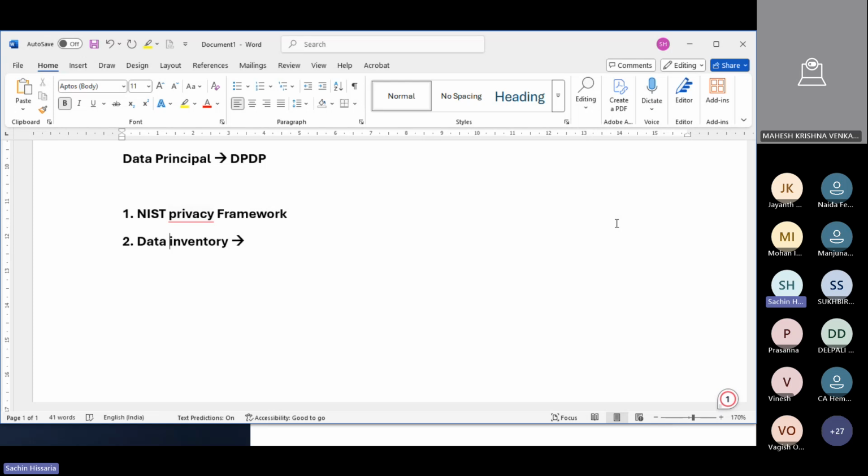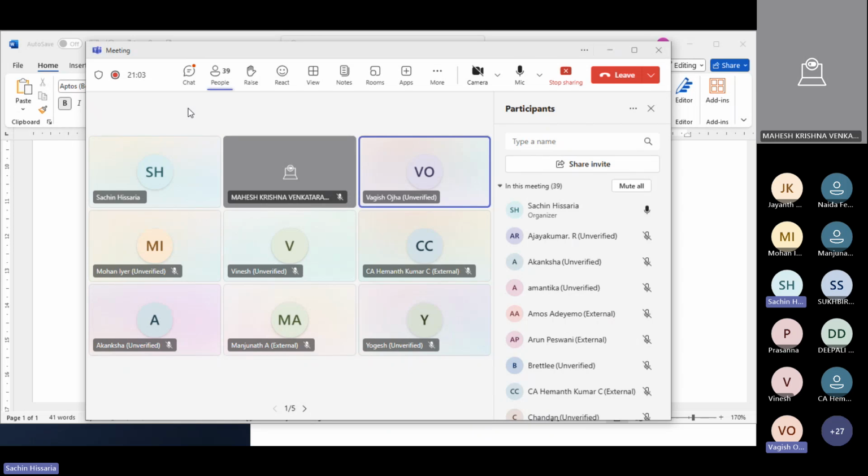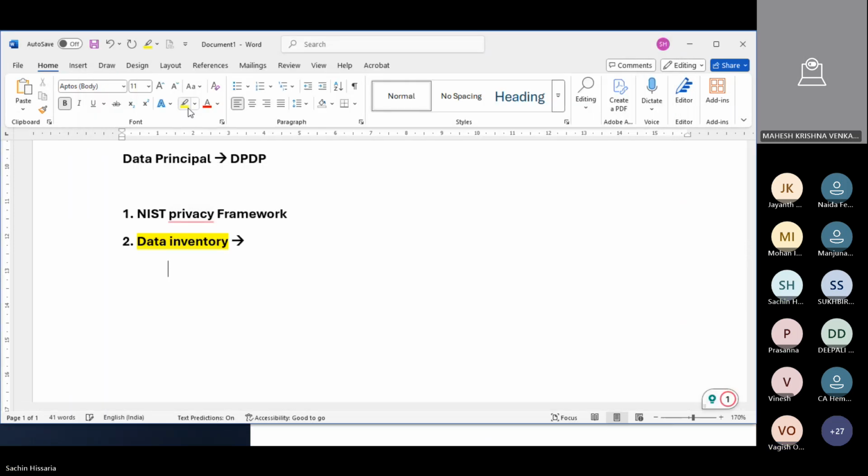Do you know how we create a data inventory by any chance? And what is the purpose of creating a data inventory? To conduct a risk assessment, yes. What is a data inventory?